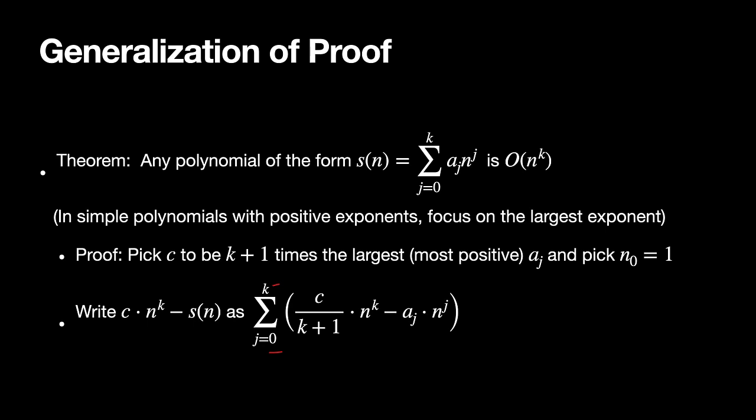So basically what we've done is we've taken this first term and divided it up k plus 1 times and then pushed it inside the summation. And we're subtracting off each individual term of this. So again, we've just taken this and divided it up k plus 1 times and put it inside the summation. Over the course of the entire summation, it will add back to its original value, and then we're subtracting off each individual component of our polynomial.